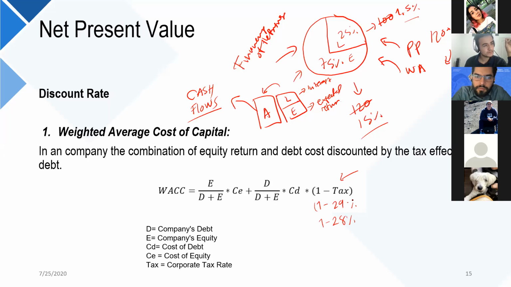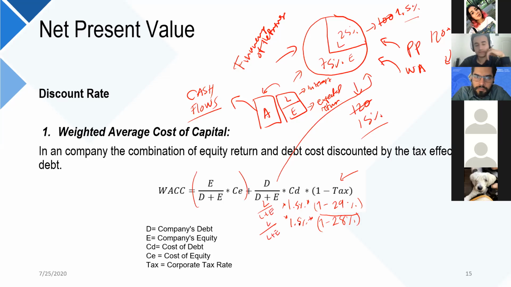You multiply that by the cost of debt, which I think was 1.5, and then by the weight of debt as a share of the company's total financing. You do the same for the equity part of the formula, but you do not include the tax shield there. The tax shield only affects interest. Then you add them up.